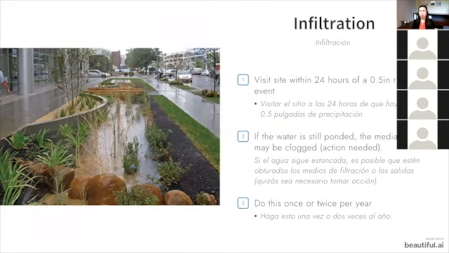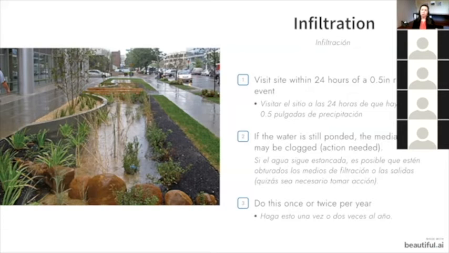Okay, so how do you know if your rain garden is working properly? There's a couple of different things that you can do to test the infiltration rate. This is you trying to determine if your rain garden is clogged. So one of the ways you can do that is visit your site within 24 hours of a half-inch rain event.